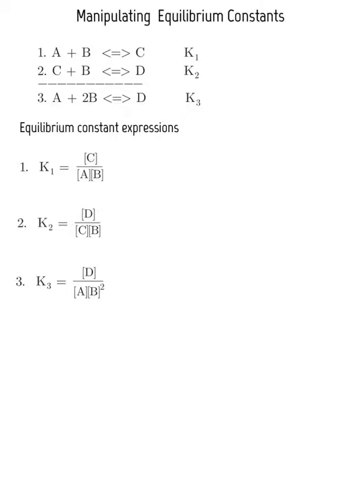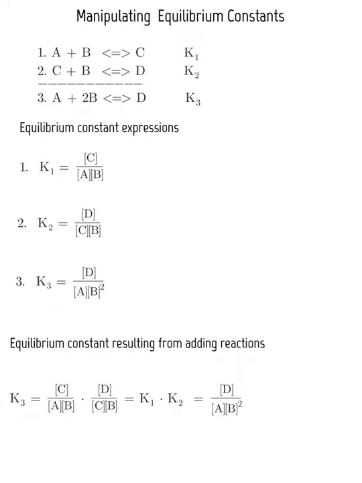Now the final step is for us to see the relationship between K3 and K1 and K2. You may want to pause this video and see if you can establish the relationship between them. So I hope you're able to get the same result. If not, we're going to discuss it. As you can see here, the relationship between K3 and K1 is that K3 is equal to K1 times K2.